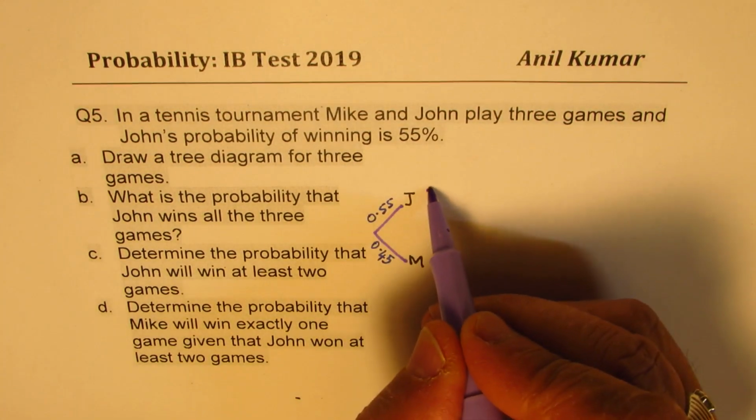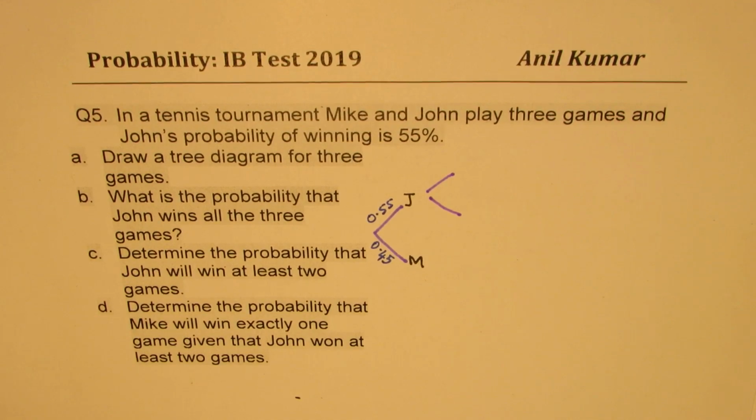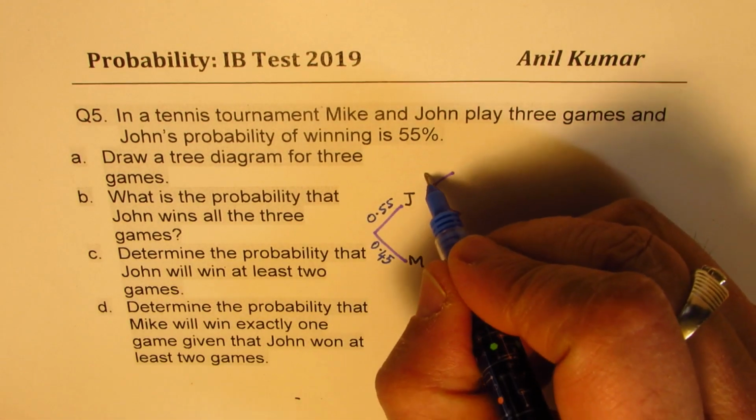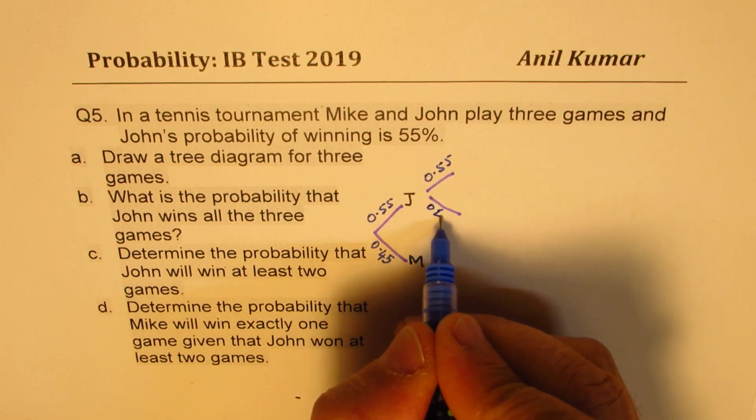Now the second game. John may win or Mike may win, right? So if John wins, it is 0.55. It's going to remain the same all throughout.